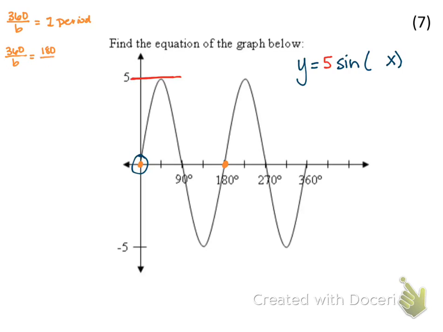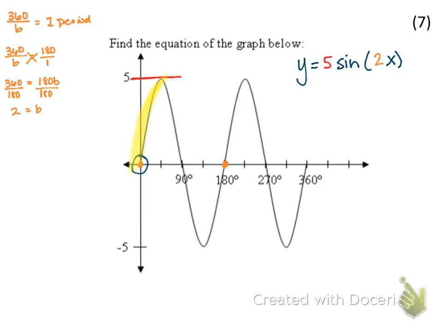And just like before, we can put 180 over 1 and cross multiply to get 360 equals 180b. To get b by itself, we're going to divide both sides by 180. This will leave us with 2 equals b. And we can throw that into our equation. We can also look at this.